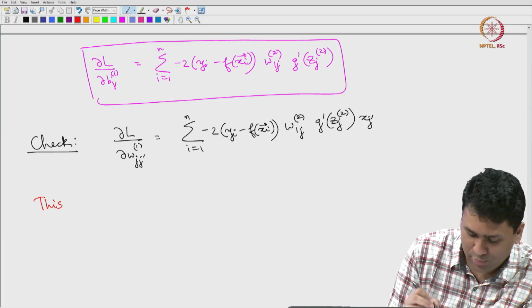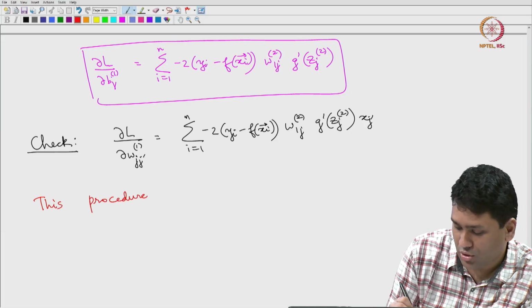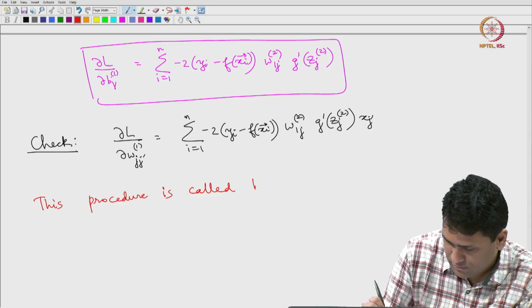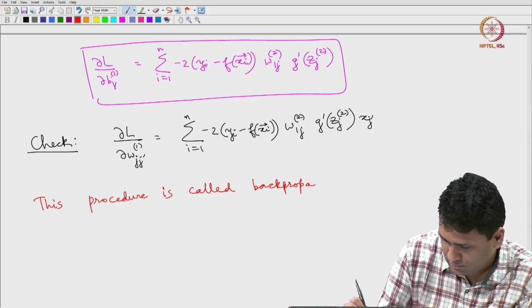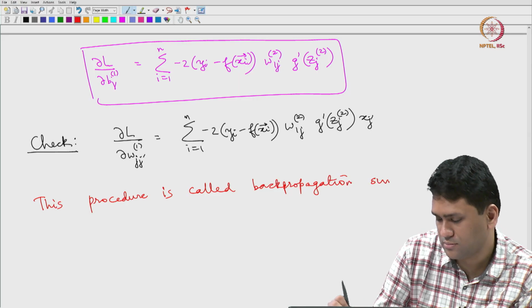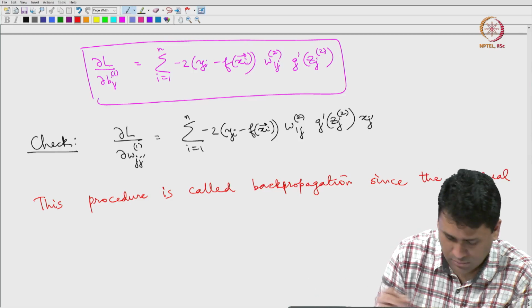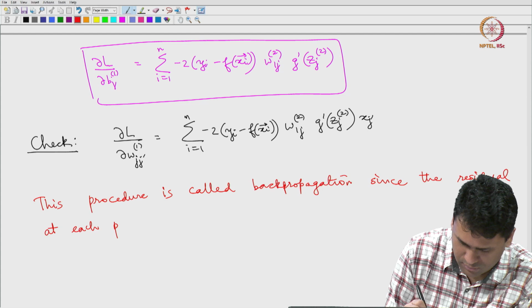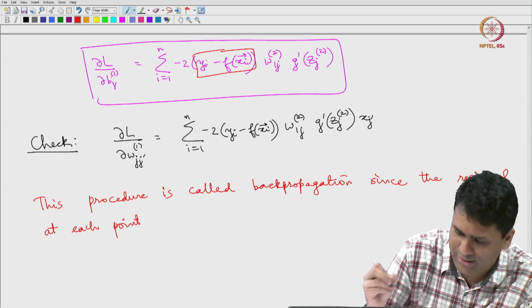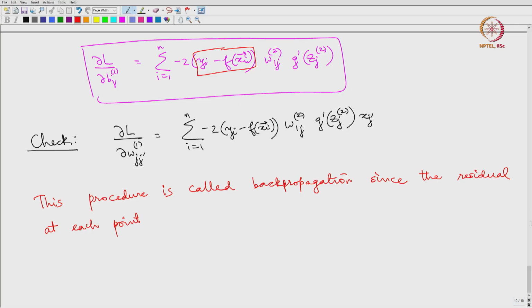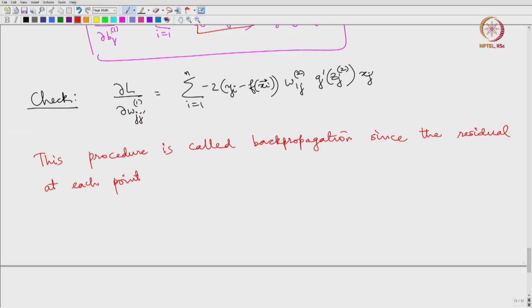So, why is this called back propagation? This procedure is called back propagation since the residual at each point, this term, which is basically the residual, the difference between the actual and the predicted value, is propagated backwards to determine the derivative of the loss function.